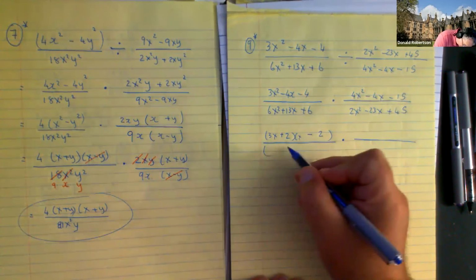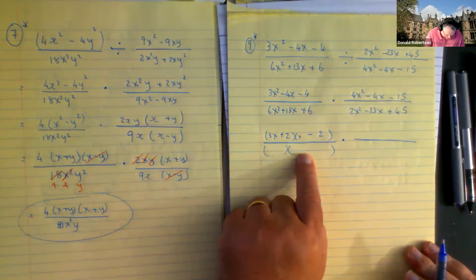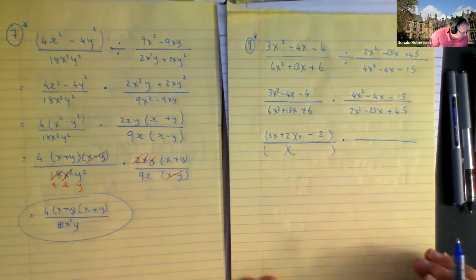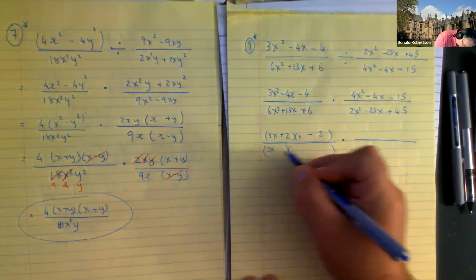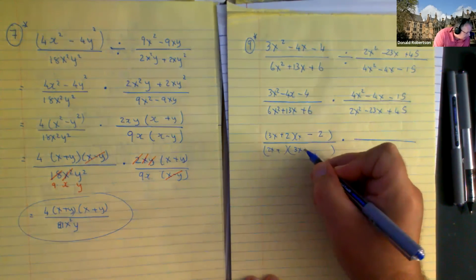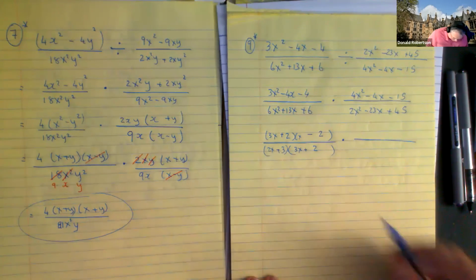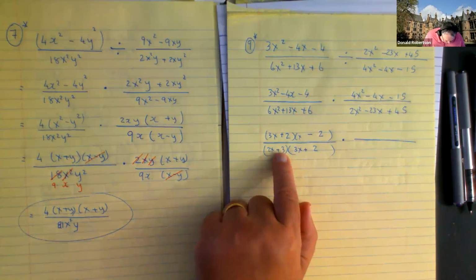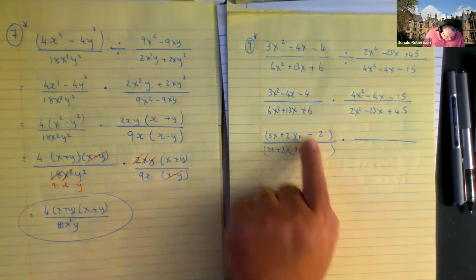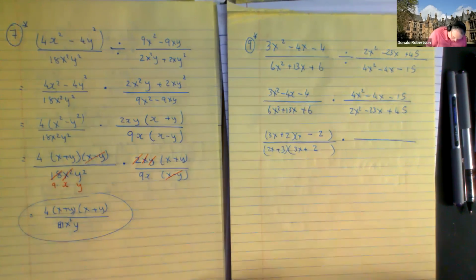Now this one in the bottom could be a 6x, x split, or it could be a 3x, 2x split. It happens to be a 2x, 3x split, and both of them are positive, and the combination is 3 and 2. And if you want to check it, 3 times 3 is 9x, 2 times 2 is 4x, 9 and 4 gets you 13. This is the only combination that works. Right.